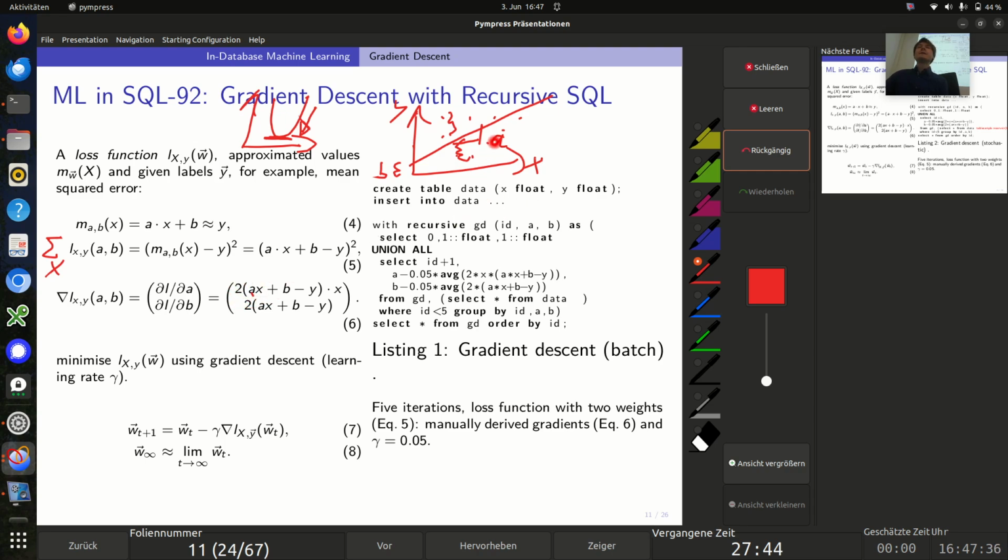The two dimensions are a and b that want to be optimized, and therefore we have to derive once with regard to a and once with regard to b. So the loss function derived with regard to b and to a. Okay, so that's the steepest descent, that's the gradient. And then what we do in each iteration, we compute the difference, like we move one step. Okay, so that's actually gradient descent.